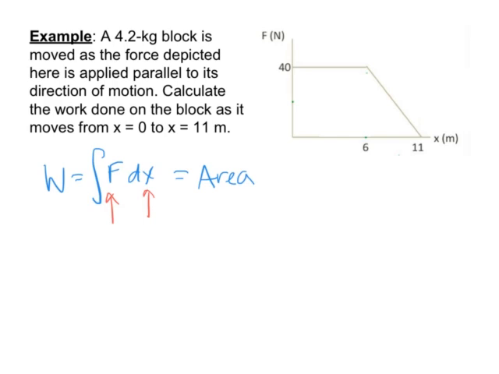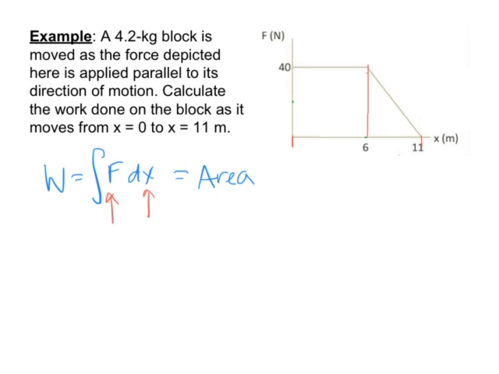So any sort of integral that you have in terms of an equation can indicate that area represents a certain quantity. So when we find the area of this shape, it will determine the work being done as this object moves from x equals 0 to x equals 11 meters.